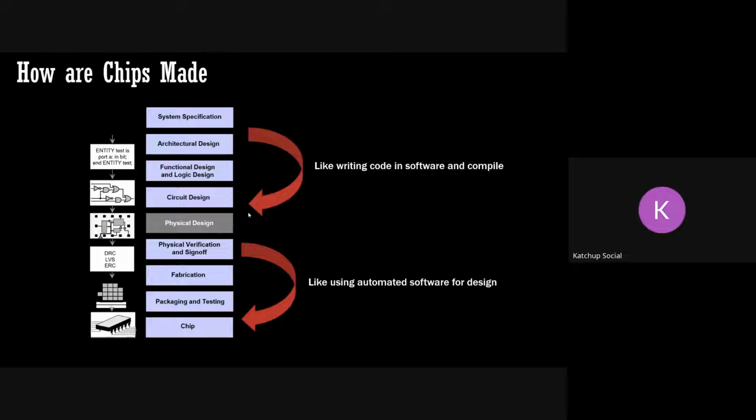Once you go into the physical part of the design, it starts to get linked to a particular technology node, whether it's 2 nanometer, 45 nanometer or 90 nanometer. So the physical back end part of the chip design flow is linked to a particular technology node and a particular foundry, whereas the front end is typically independent of the foundry.